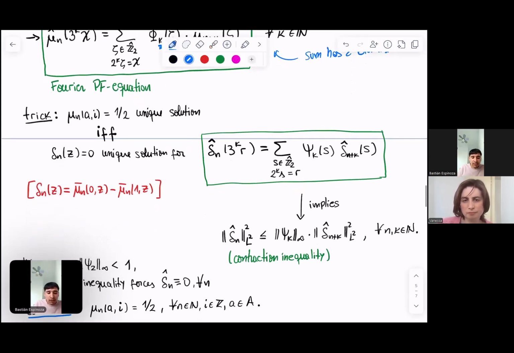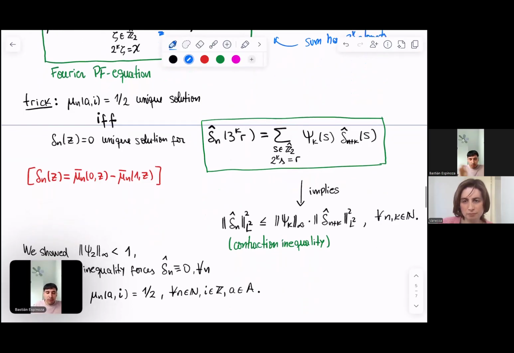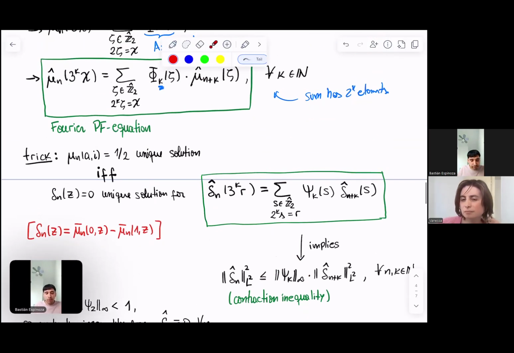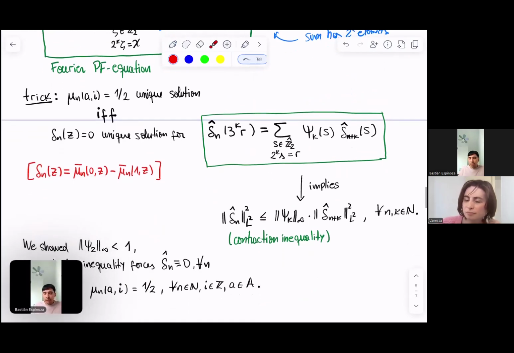And more precisely, it is easier because from this Fourier-Perron-Frobenius equation, we can obtain this kind of inequalities, which I'm going to call here a contraction inequality. So we relate the L2 norm of the nth level with the coefficients that appear here. This time, these are different coefficients that can be obtained from the capital phi k from before, but these are some coefficients depending on the combinatorics of the substitution, and then some upper level.